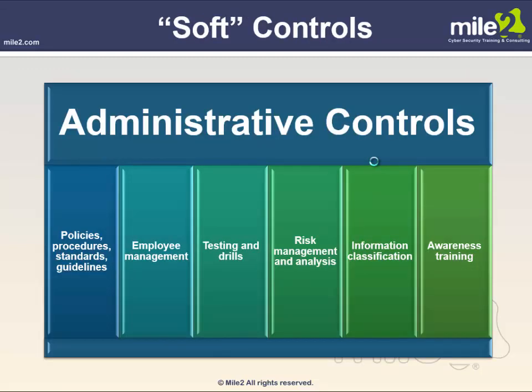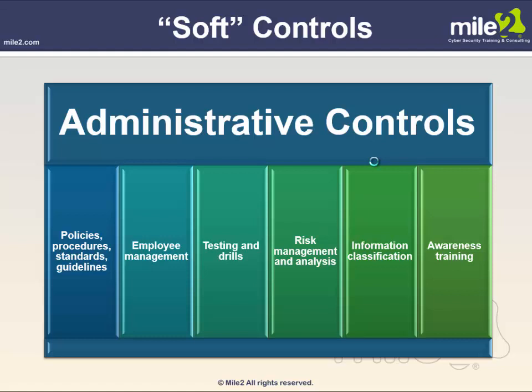So here are some of the soft controls. Again, this kind of goes back to the policies, procedures, standards, guidelines, and so forth. It goes into employee management, testing and drills, right? Making sure, hey, what happens if there is an incident? How are people going to react? Are they going to panic? Or are they going to react well because we're drilling, we're testing, and so forth, right? Risk management and analysis. You have to, of course, figure out what you're actually at risk of.